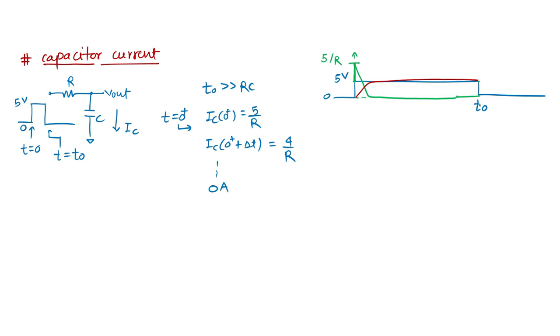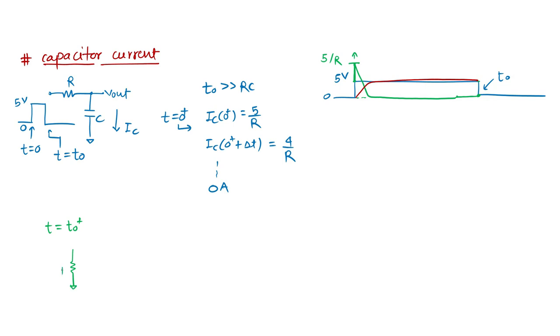So after this, what will happen? Here I am marking the t naught. So what will happen with the current after that? After this point, this is the t naught. Let me see what my circuit is for t equal to t naught positive. My excitation is not there.